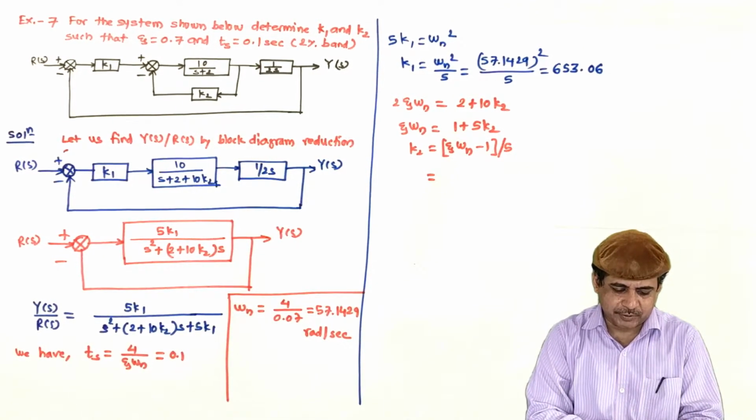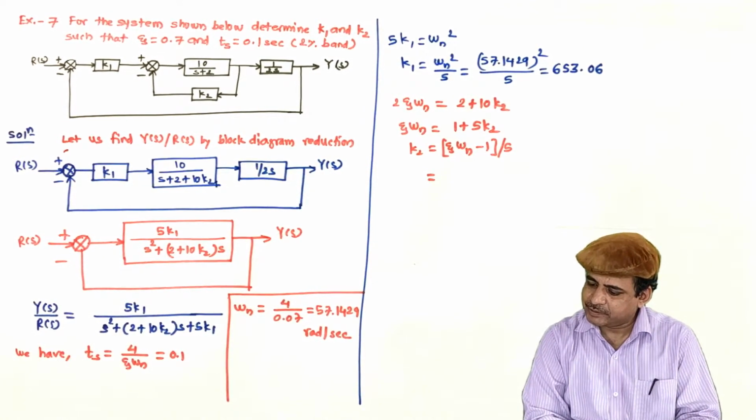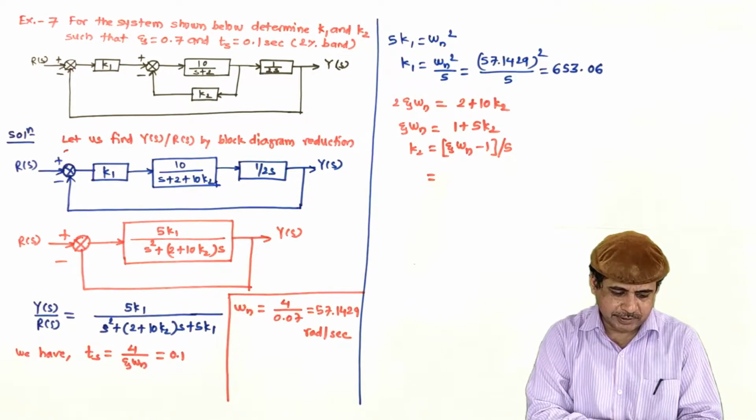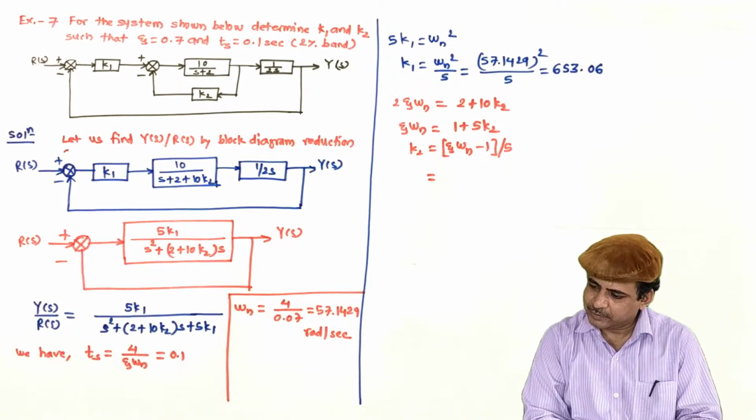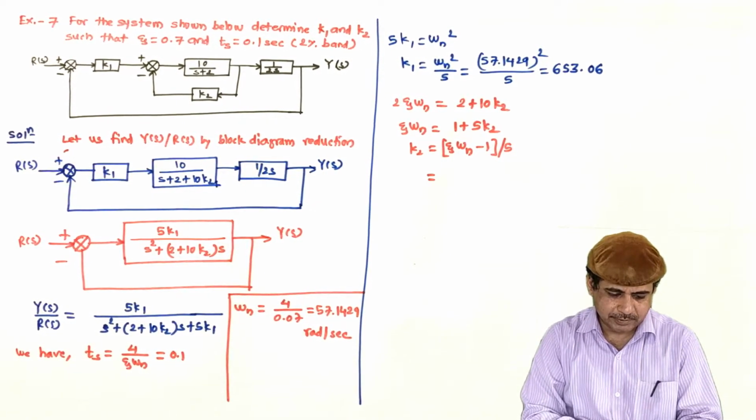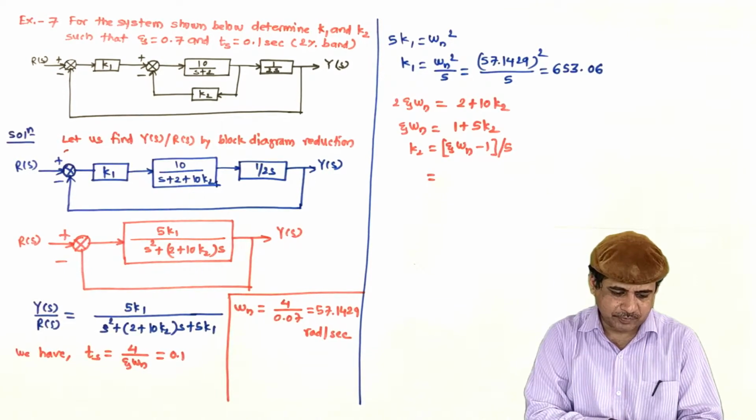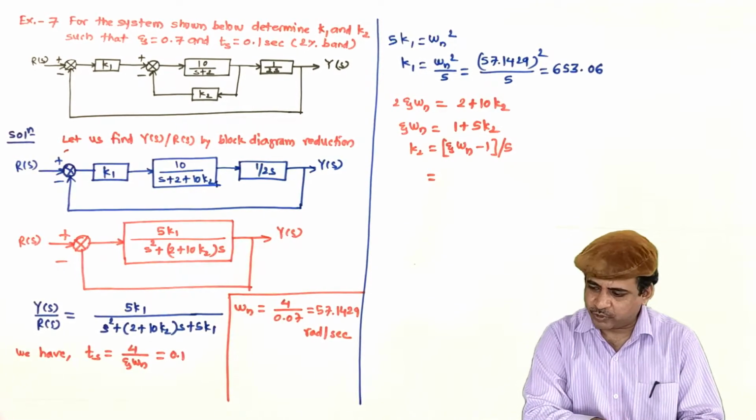So zeta is 0.7 into omega n is 57.1429, minus 1 is 39, divided by 5. So it is coming 7.8.